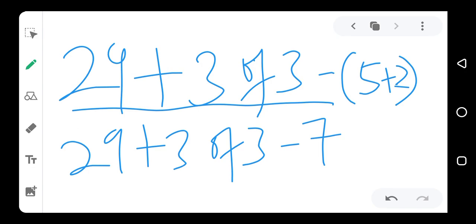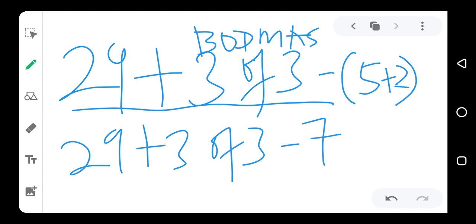Now we look for of. Remember the formula is Bodmas. Is there any of? Yes, 3 of 3. That means 3 times 3. If you see of, it means multiplication.